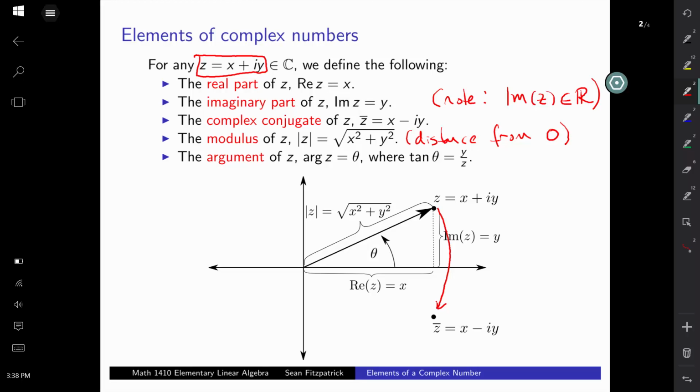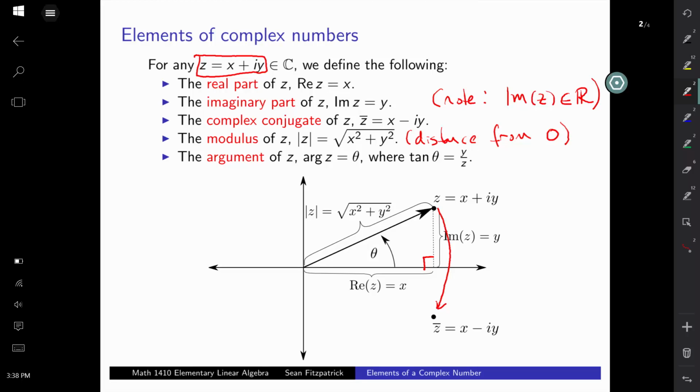We get the square root of x squared plus y squared, right? Again, if you want to, you can think in terms of right-angled trigonometry. You've got a little right-angled triangle here. The two sides have length x and y, and so the hypotenuse should have length the square root of x squared plus y squared, as Pythagoras tells us. Okay, so that's just the modulus.